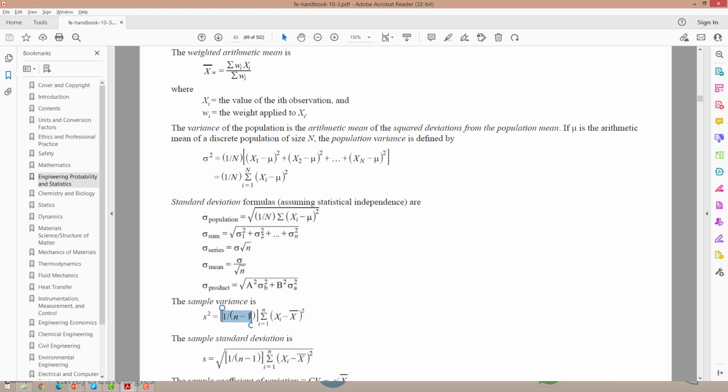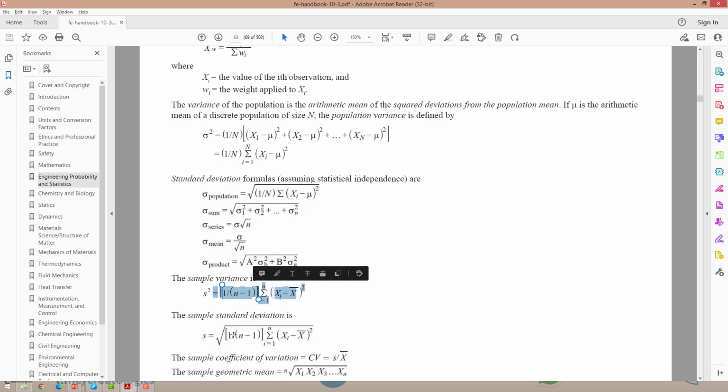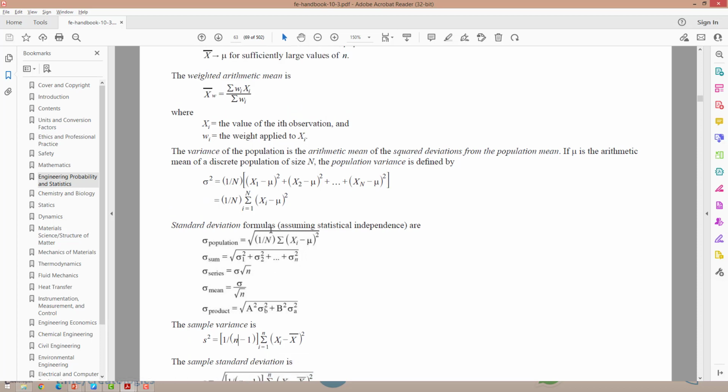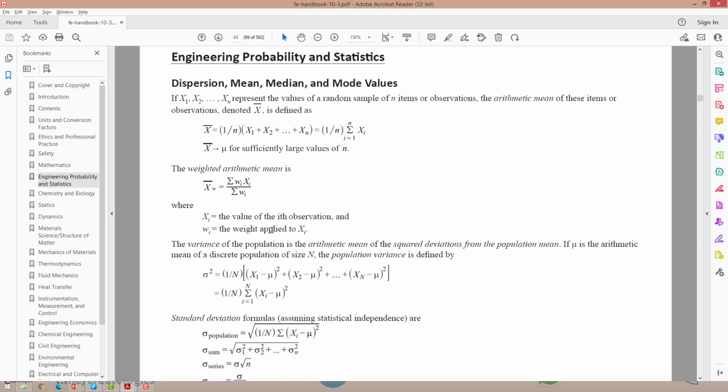If you are calculating the standard deviation, everything will be the same except this n will be changed to n minus 1. So always remember this. Whatever you are calculating, is it for the population or for a sample? Based on that you have to change the value of n also.